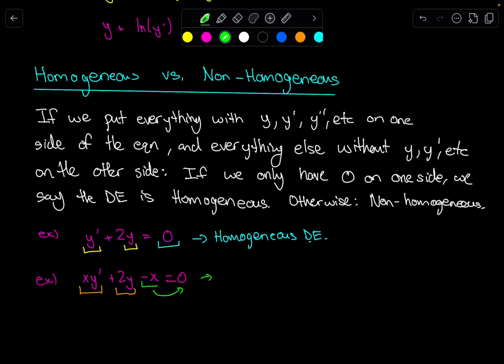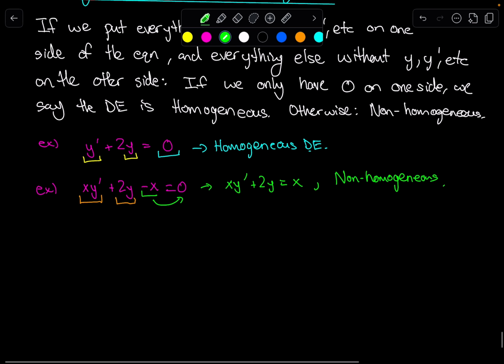And so this would create the differential equation xy prime plus 2y is equal to x, which immediately gives us non-homogeneous. Right? And that's pretty much how these classifications go.